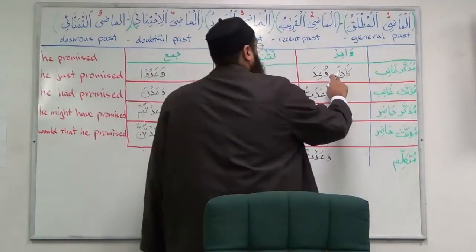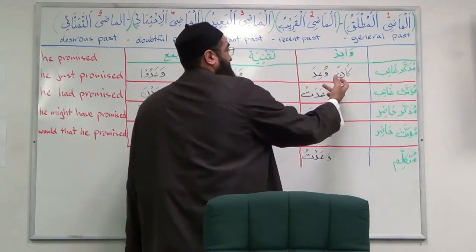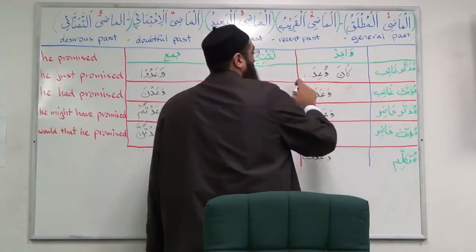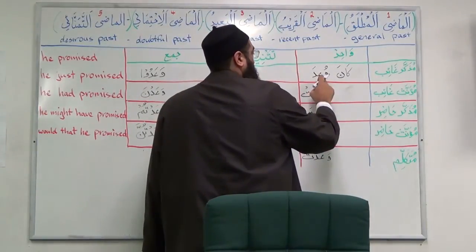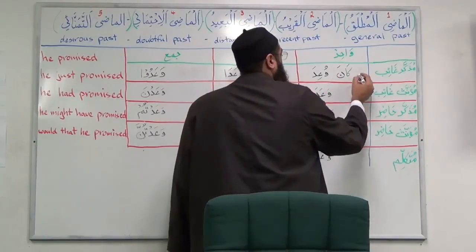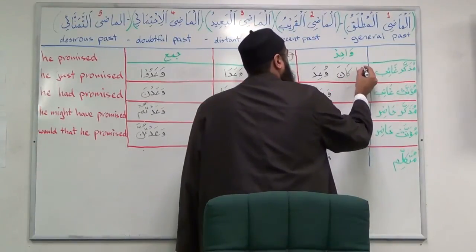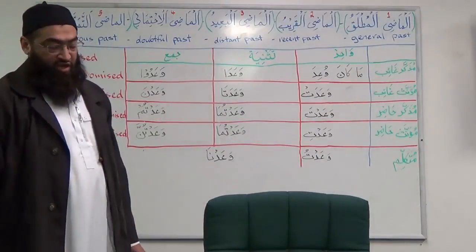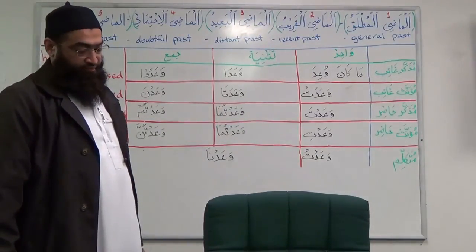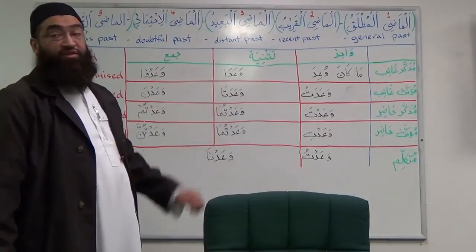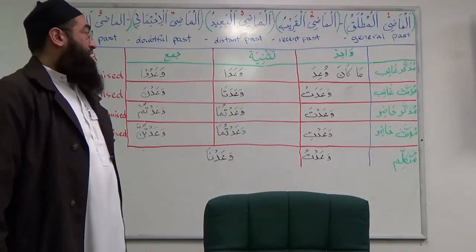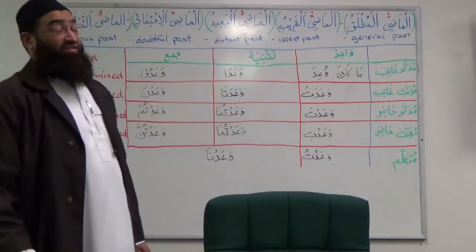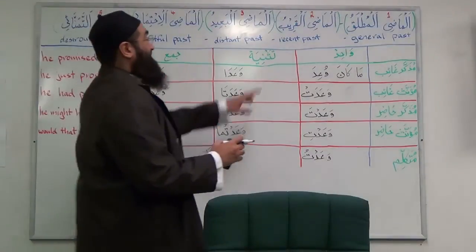Alright, this is Majhool, we already mentioned Ma'ruf, and this is also positive. He was promised long time ago, and if you put a Ma here, Ma kana wu'ida, he was not promised a long time ago. And this actually comes in. Alright, now the difference. What's the difference?